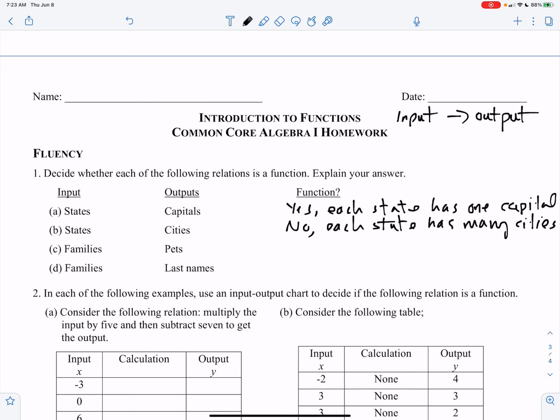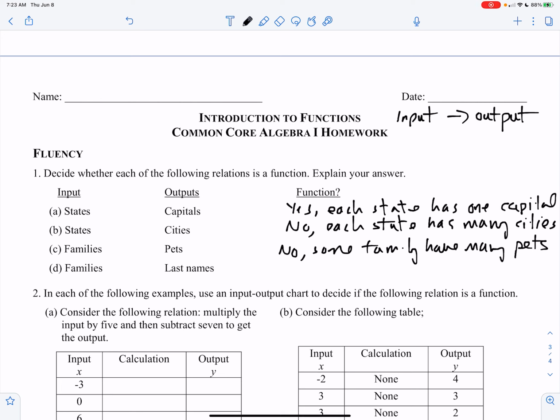Okay, families and pets. Well, does each family have only one pet? Not necessarily. Some families have many pets, right? That's not one input for one output. Okay, and how about families with last names?